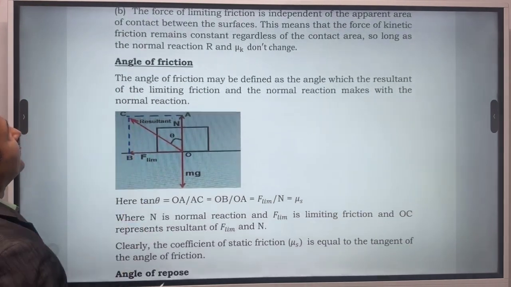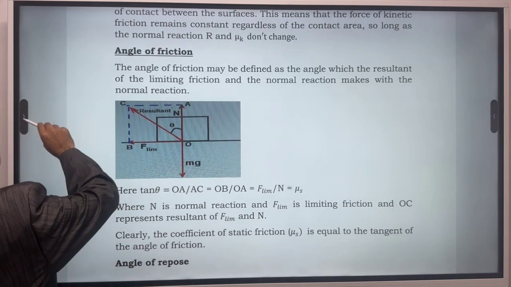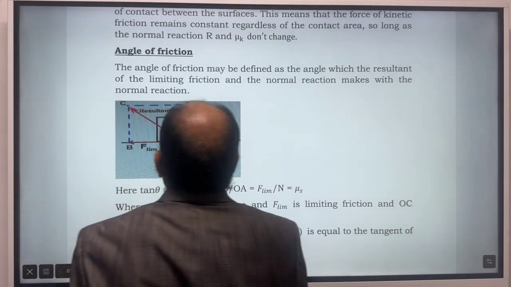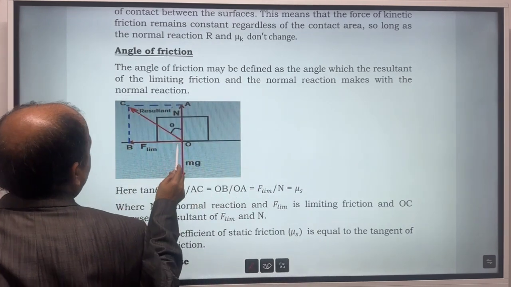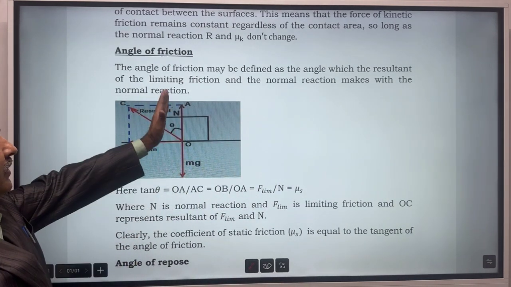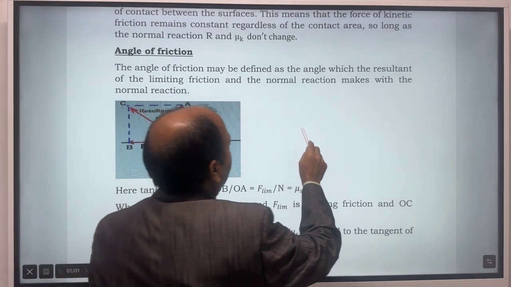Now let's see what the angle of friction is. This is the direction of friction, this is the normal reaction. What is normal reaction?